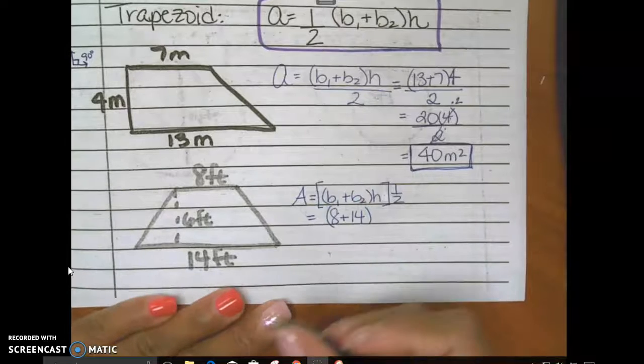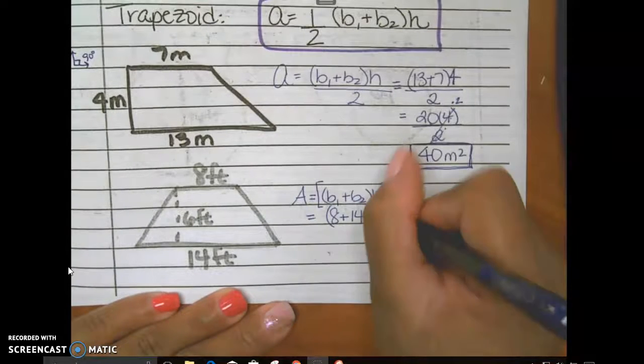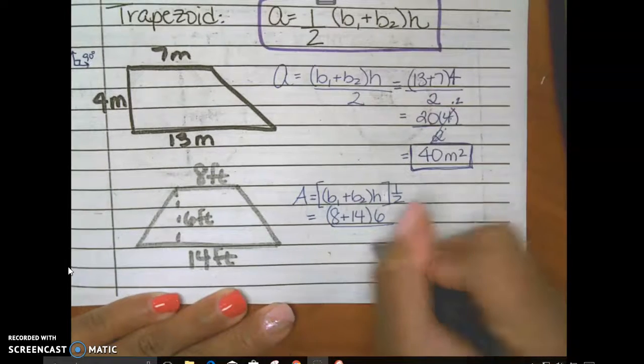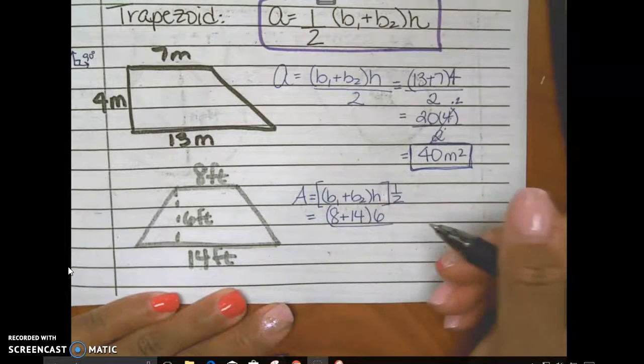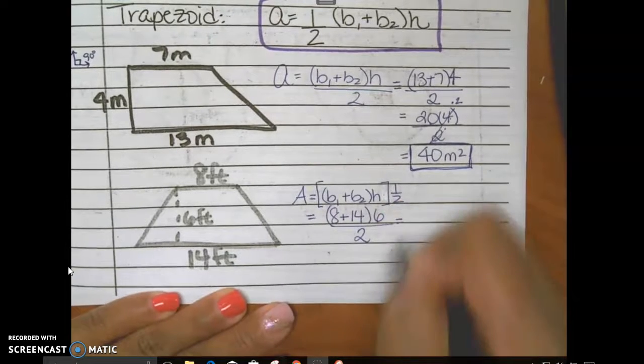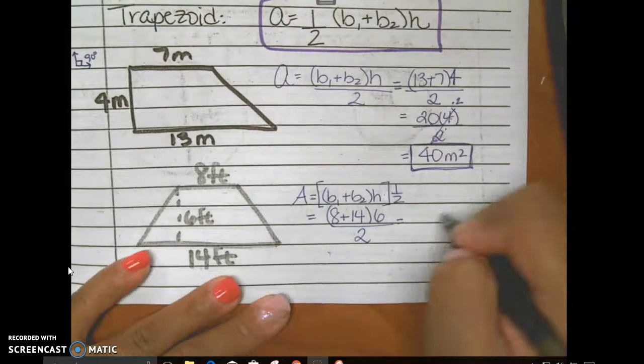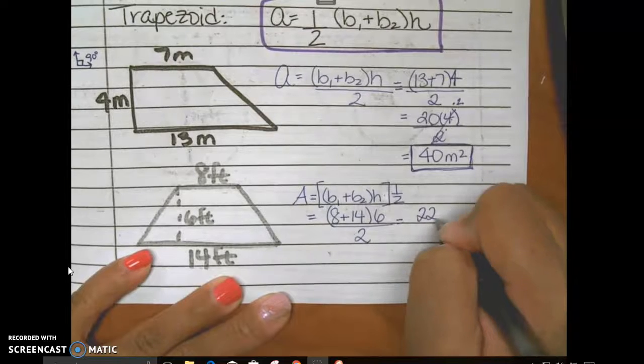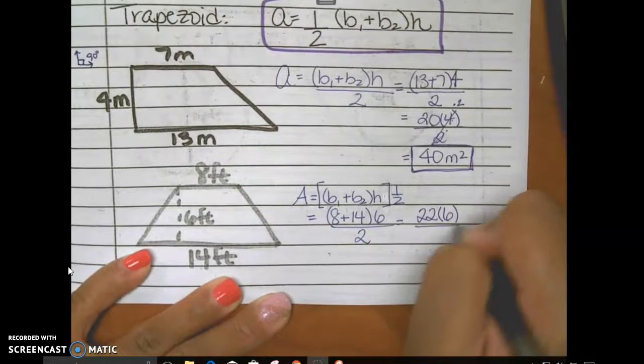What's my height? 6. Bye-bye 4, hello 2. 8 plus 14 is 22, times 6, cut in half.